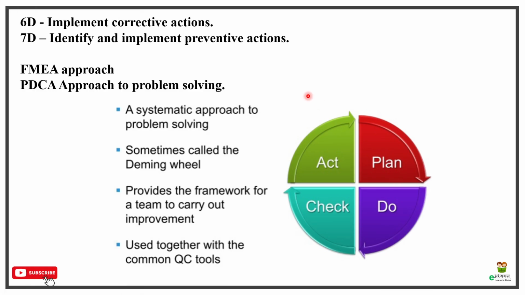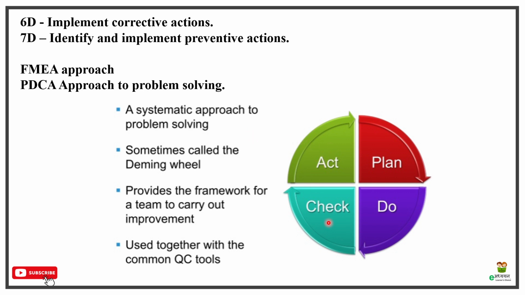Then 6D and 7D are implementing the corrective action and implementing the preventive actions. So here we can use the FMEA approach. We have already discussed this in an earlier video, failure mode and effect analysis. And then we can also use the PDCA approach to problem solving, which is a systematic approach.